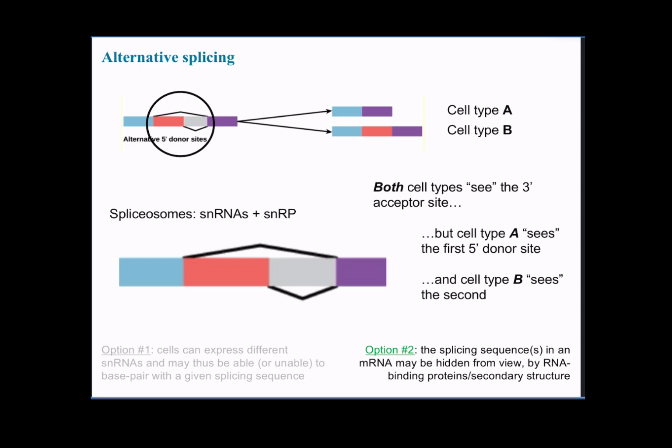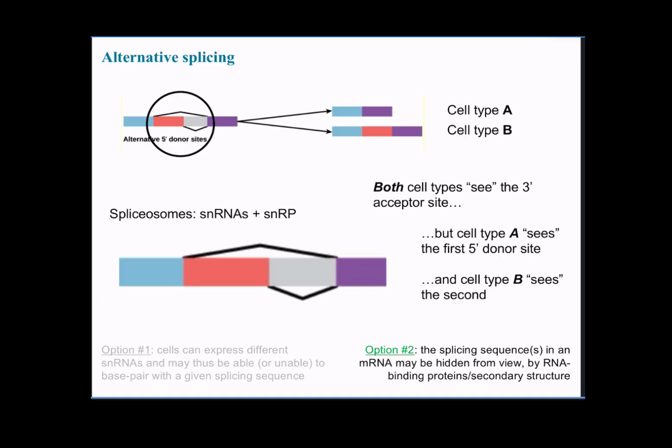If those hairpins that form happen to involve a donor or acceptor site, the spliceosome won't see them anymore. Right? So now, of course, the question becomes, well, what's going on in cell types A and B? Well, it could be that cell type A produces an RBP that binds the second donor sequence, so the only one that it sees is the first.